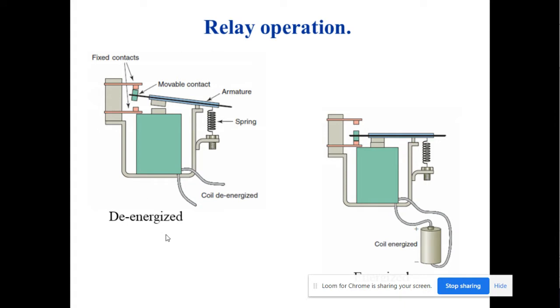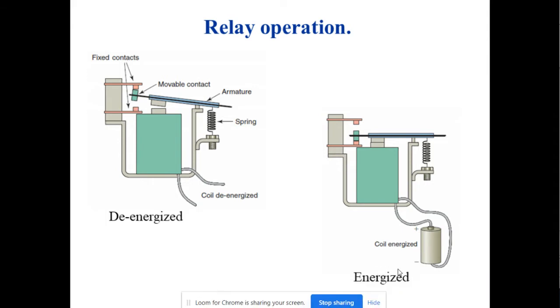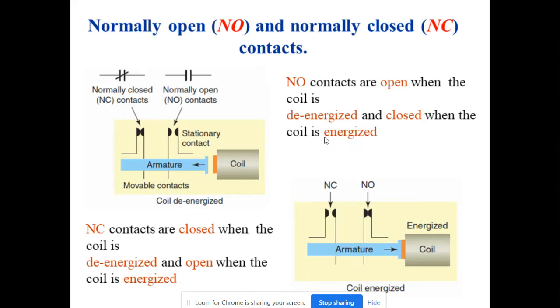And this is when the relay is de-energized, so the switch is open here, and this is when it is energized, when the switch is closed. So these are the common symbols that we use for normally open and normally closed.